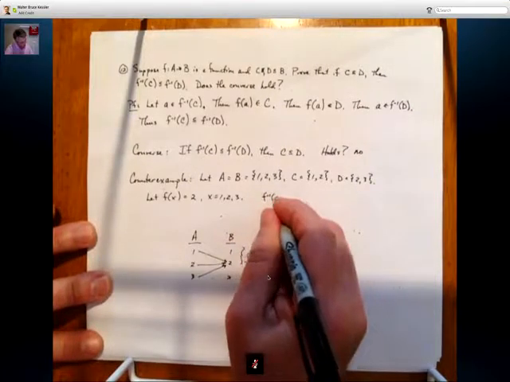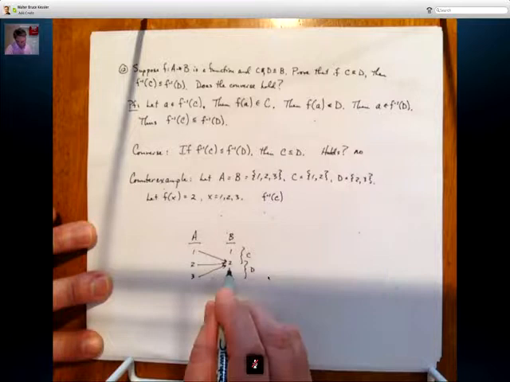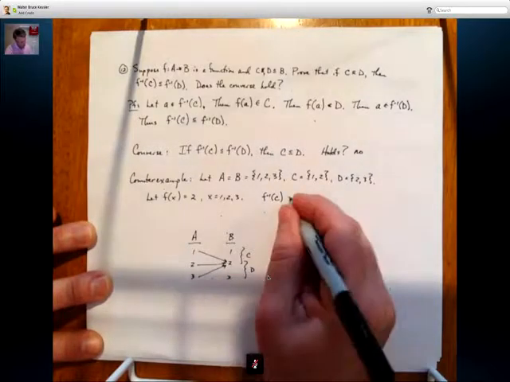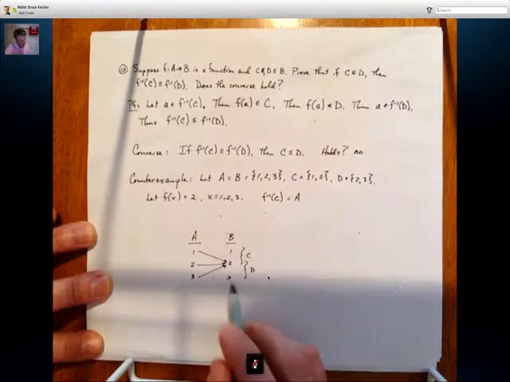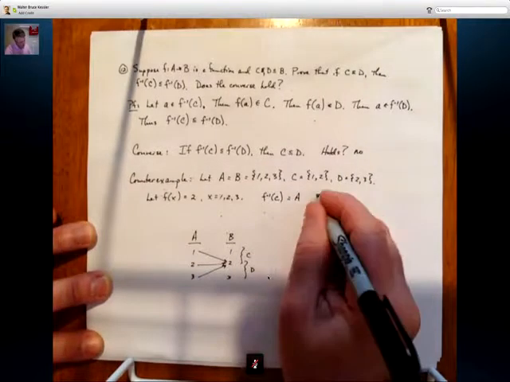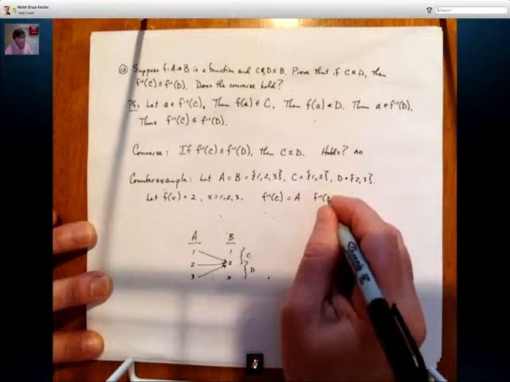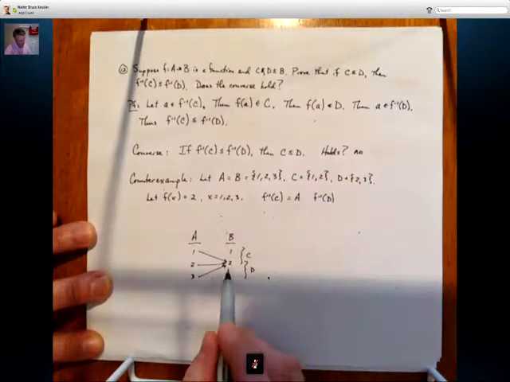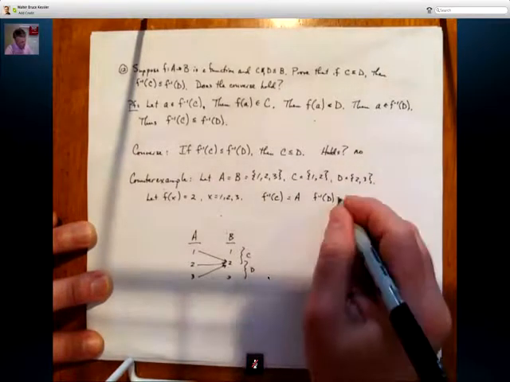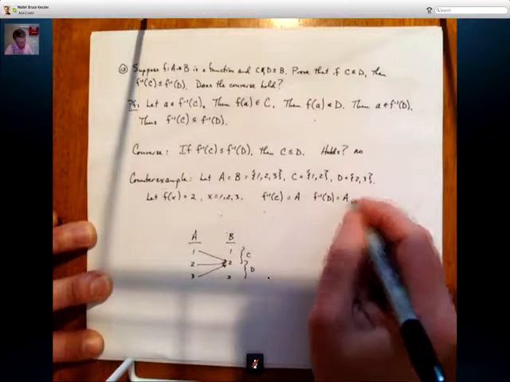Okay? So let's look at what we got. F inverse of C. Well, the only thing that gets mapped back is 2, and it gets mapped back all the way to A, right? F inverse of D, well, the only thing there that gets mapped back is the 2, and it goes to everything.